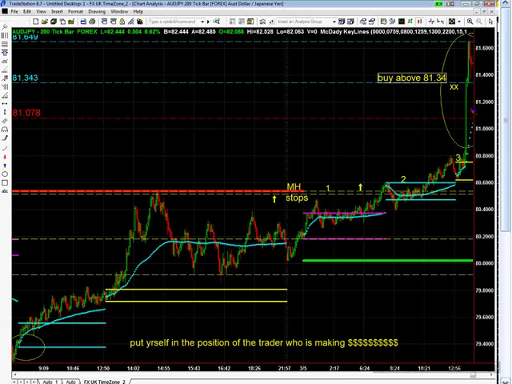Okay? So we must take every signal, but if one trade has a bigger risk than the other, then what you do is you cut your position. You say, okay, if my size is one big contract, then I'm going to take one mini, or I'm going to take two minis.